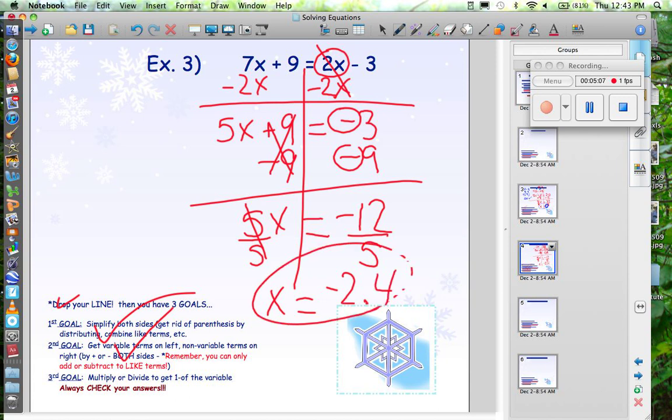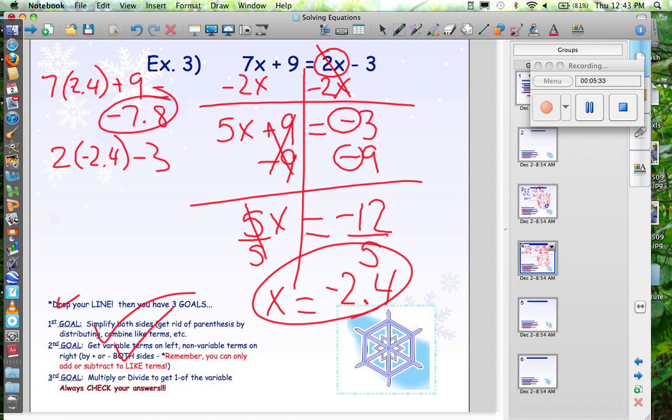Okay? So if I'm right, 7 times negative 2.4 plus 9 is going to be the same thing as 2 times negative 2.4 minus 3. So if I get a calculator quick, let's see, 7 times negative 2.4 plus 9, and I get negative 7.8 on the left.